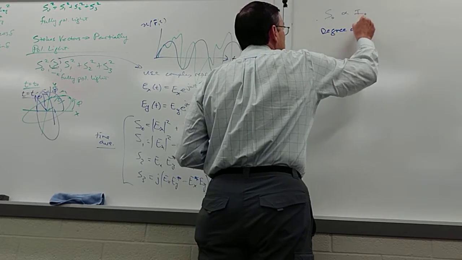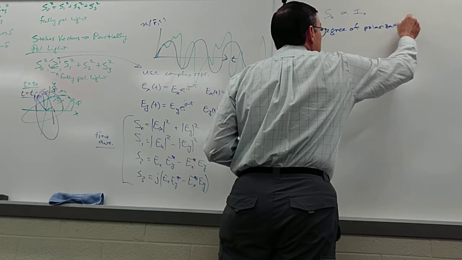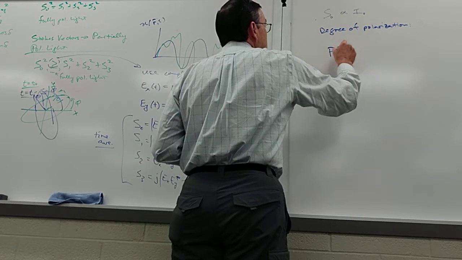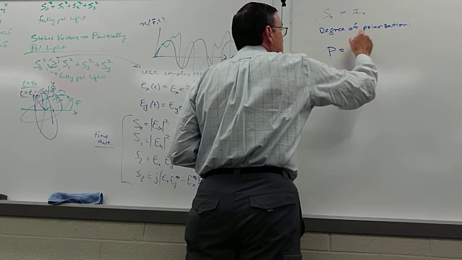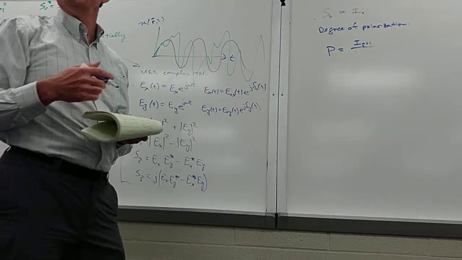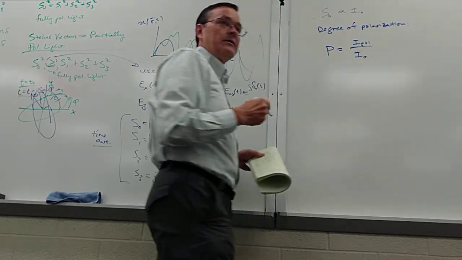So, we can define the degree of polarization in the following way. P, degree of polarization, is the irradiance of the polarized fraction of the light divided by the irradiance of the entire amount of light.